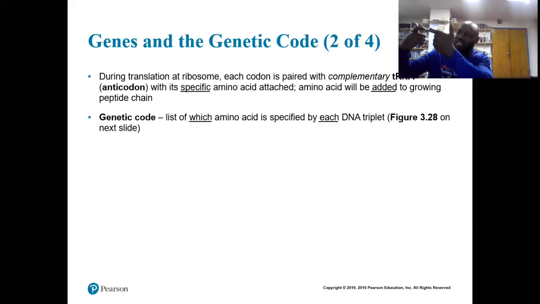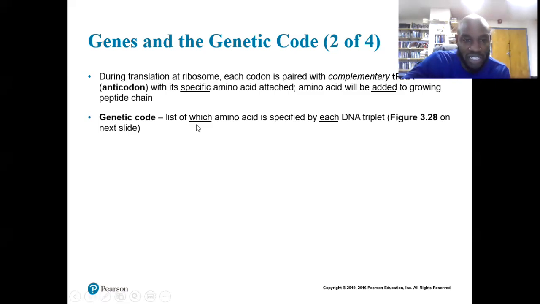And then the next 3 on the mRNA brings another tRNA, matches it, brings an amino acid, and those bind, and we have a chain of amino acids, and then that starts to fold, and we get our protein. So your genetic code is a list of which amino acid is specified by each DNA triplet.